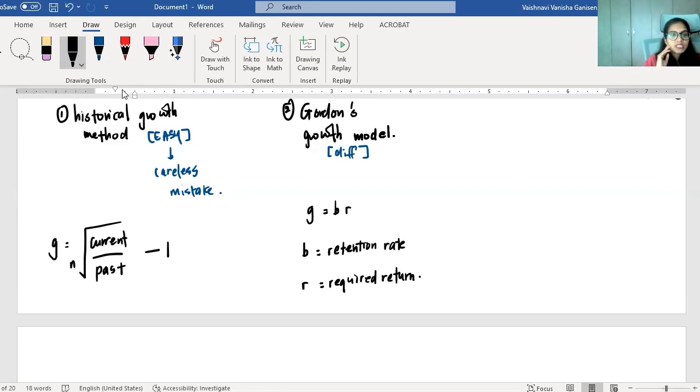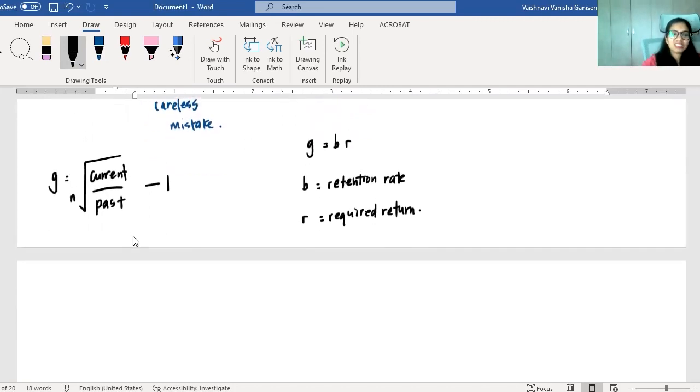Before I go into the details of this, I want you to remember a few things. Whenever you do a dividend KE calculation, I want you to follow a few steps. Step number 1, please write your formula. Step number 2, after you write your formula, identify the unknown.